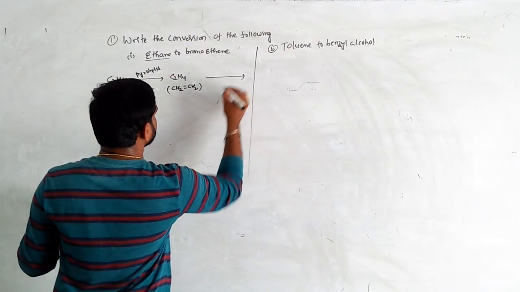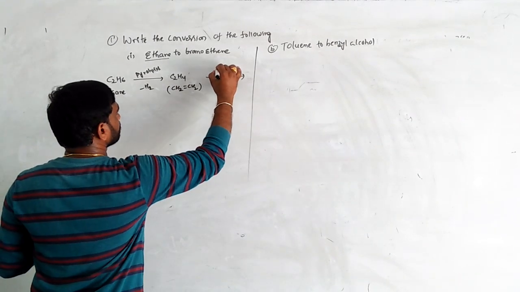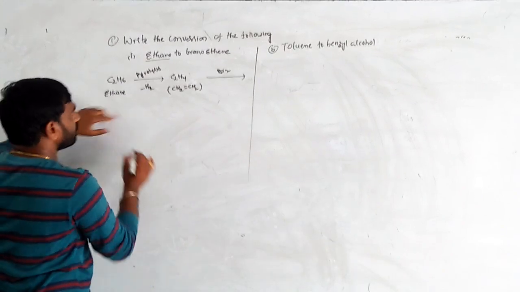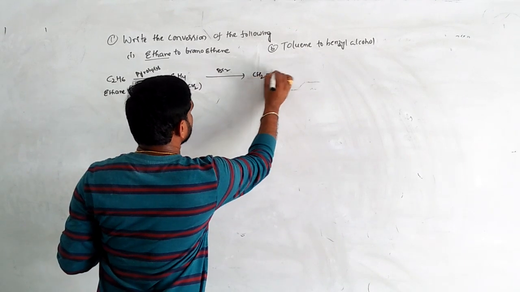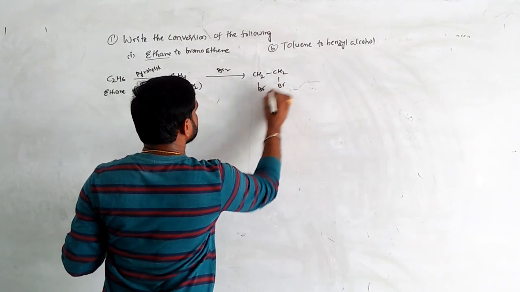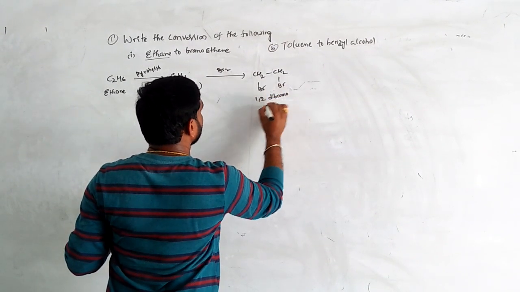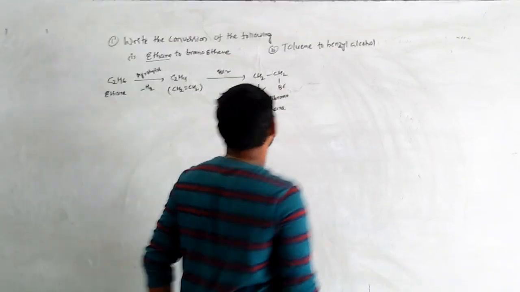which is treated with bromine to give CH2Br-CH2Br. This is 1,2-dibromoethane.